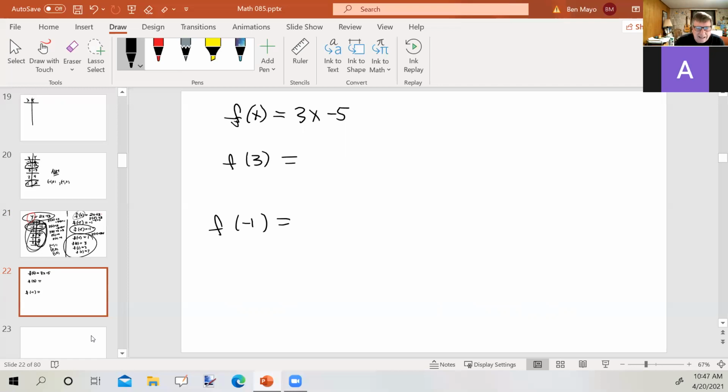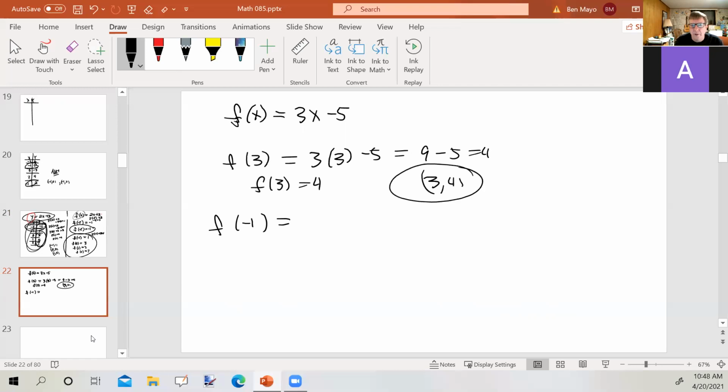So to find f of 3, we put 3 in the place of x in the function. So f of 3 equals 4. Again, that corresponds to the ordered pair 3, 4. This is how we would write it in ordinary equation notation. This is how we write the same thing in function notation.